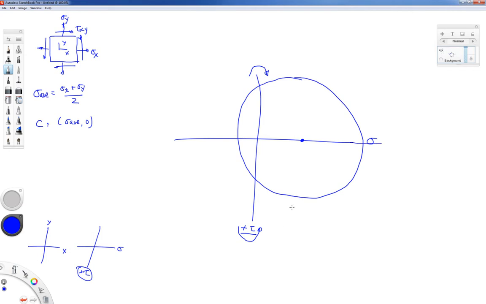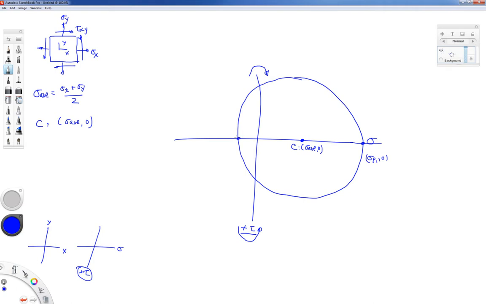All right, so one of the things that we had talked about previously was the maximum principal stresses. So here's my point, the center of my circle, which is sigma average, comma 0. And if I want to find the maximum normal stress that I can have, my maximum sigma, well, that's the coordinate of this point right here. The coordinate of that point is sigma p1, comma 0, because it lies on that axis.